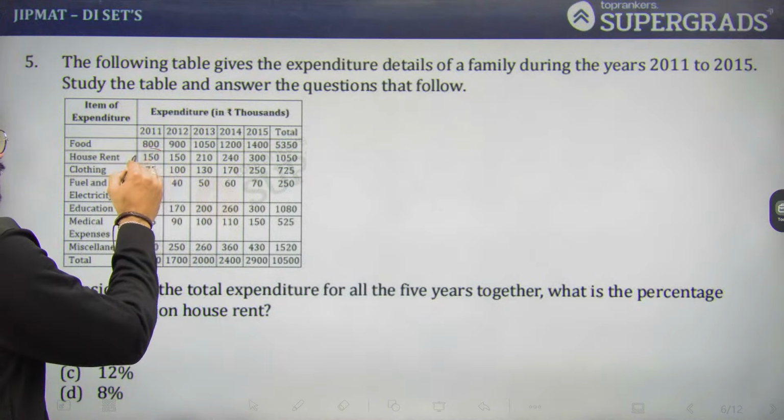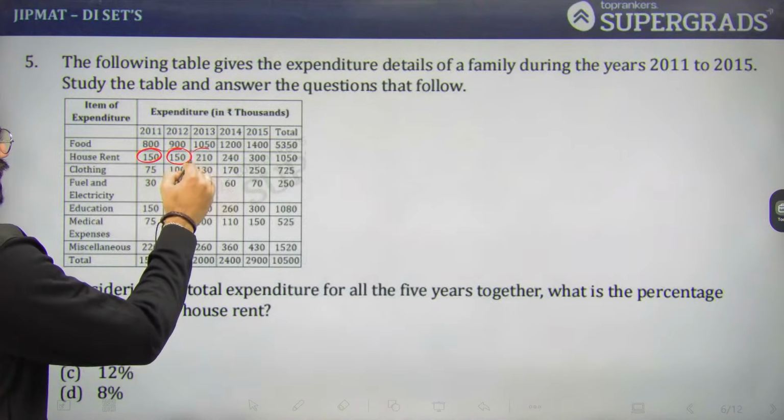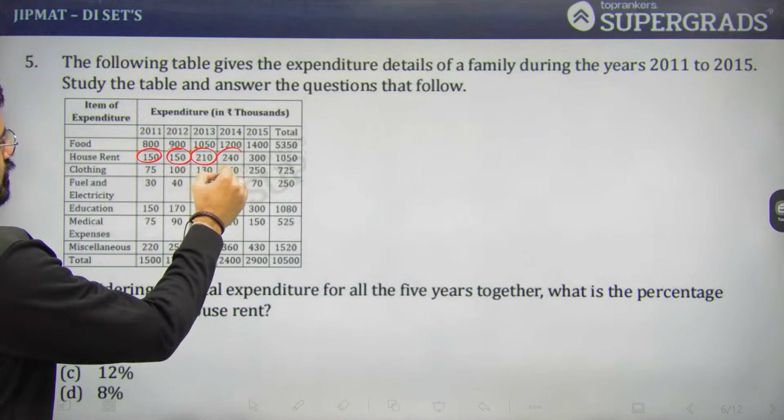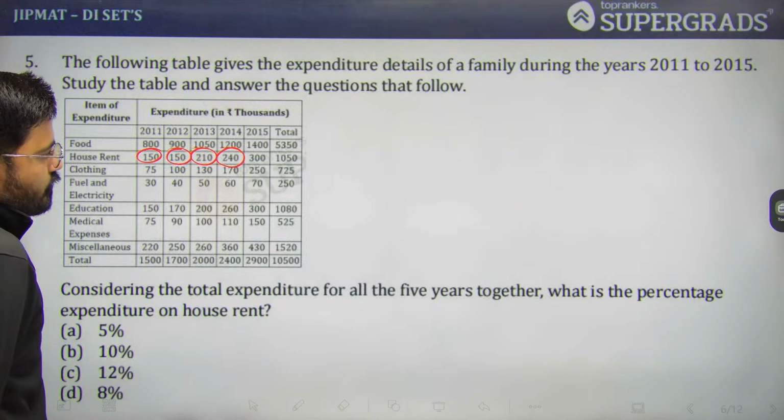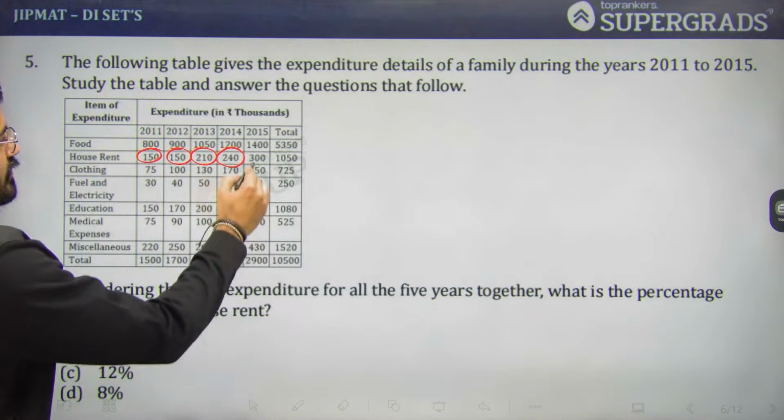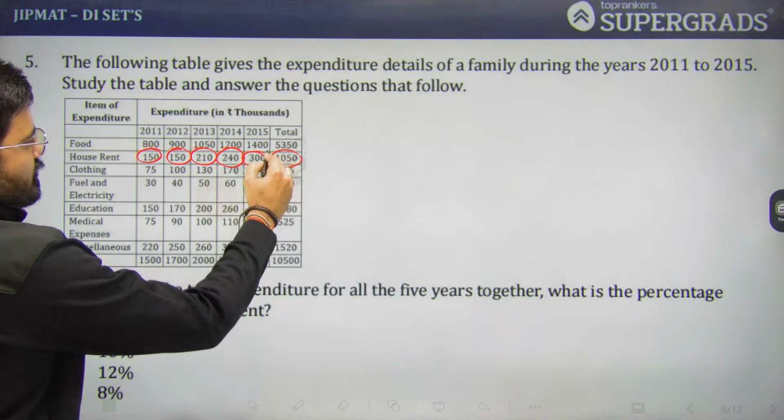So house rent: 150 plus 150 is 300, plus 210 is 510, plus 240 is 750, plus 300 is 1050, plus 1050.